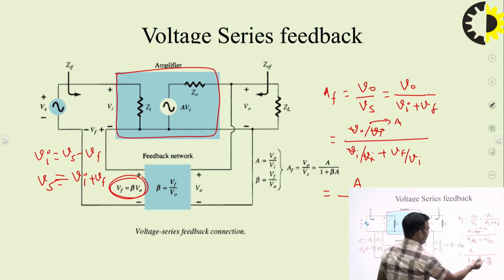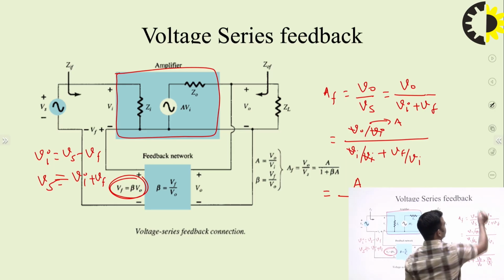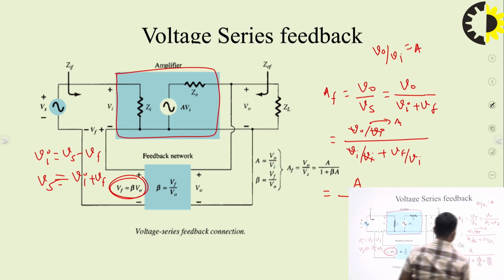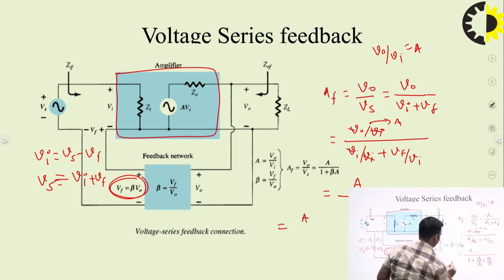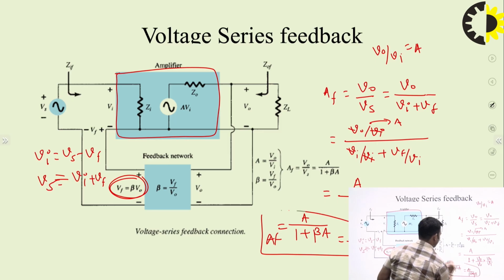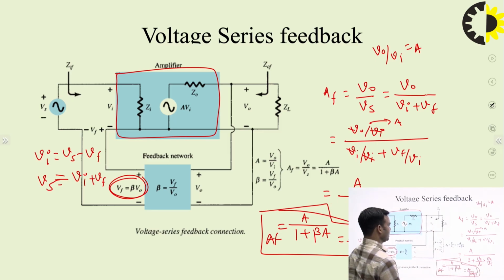So Vf upon V0 is beta, and V0 upon Vi is A. So you can see that it is equal to A upon 1 plus beta A, or A upon 1 plus A beta. This will be the gain with feedback, which is written over here.